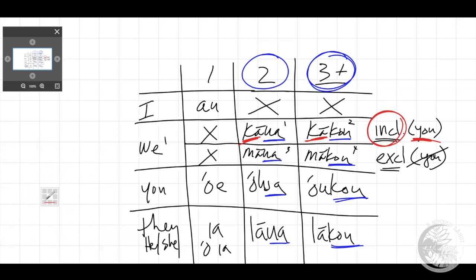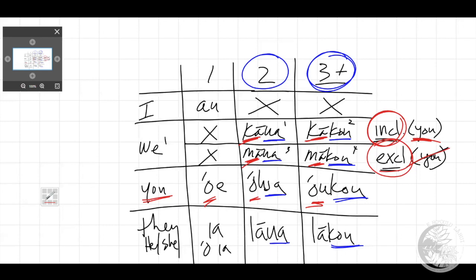And in the same way, anytime I'm talking about excluding you, not you, you notice the sound all starts with ma. We, not you, ma. We including you, ka. Another thing to notice: any kind of you all starts with o.